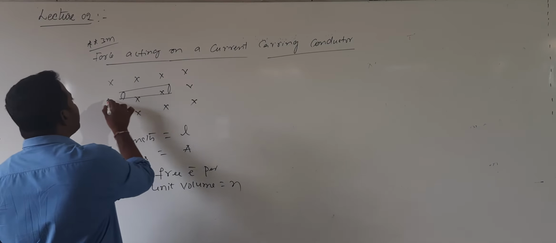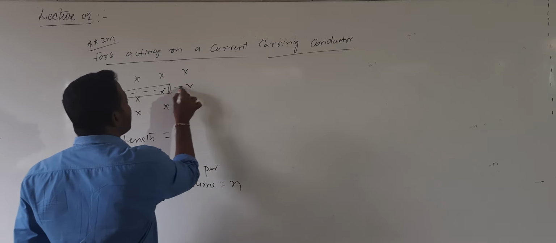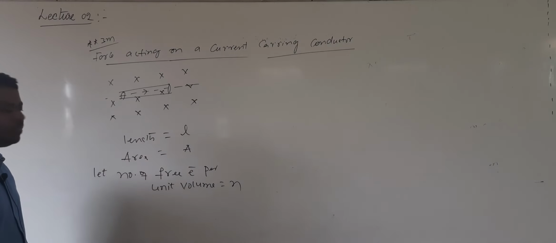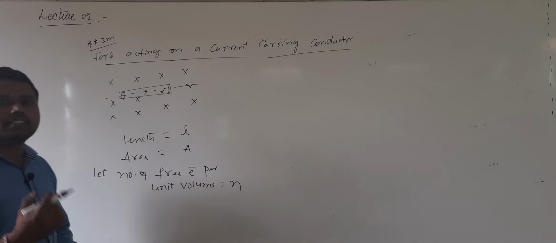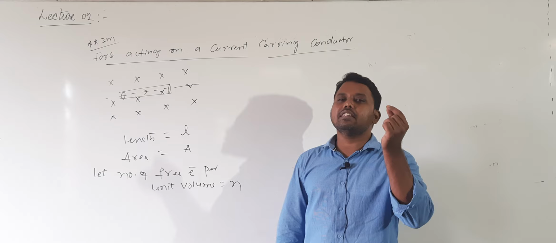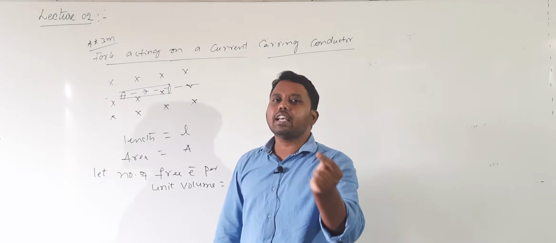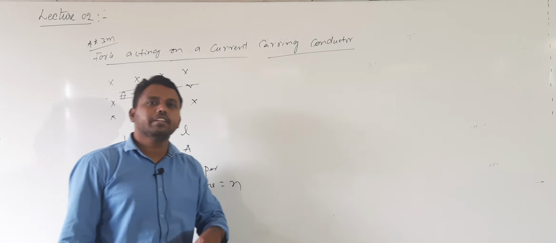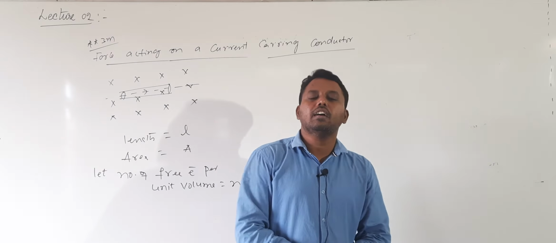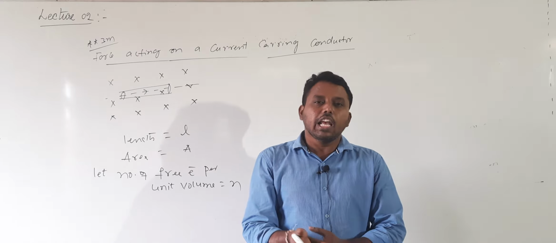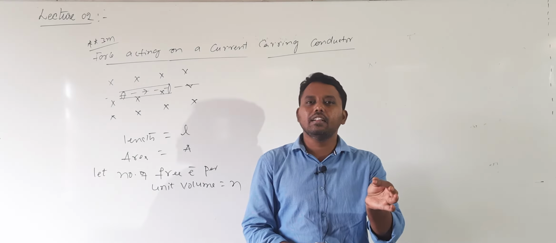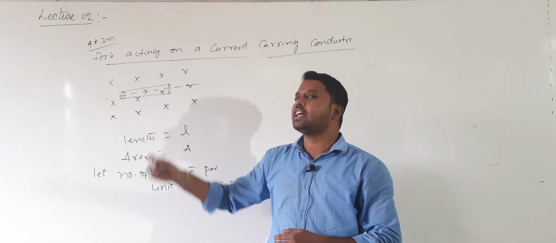Now through this conductor current is passing. Current is nothing but the rate of flow of charge. A single charge will experience a force when it is moving in a magnetic field. But current is a rate of flow of many charges. If many charges are moving in a magnetic field, will it make a force act on the conductor?